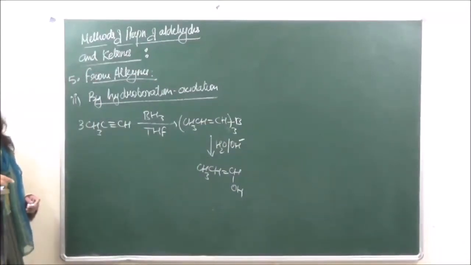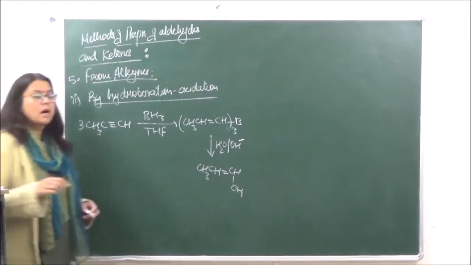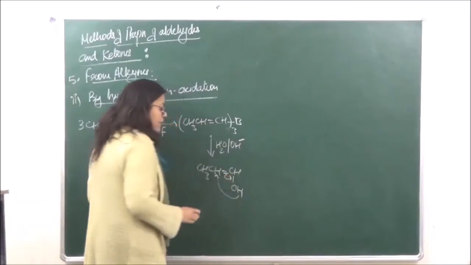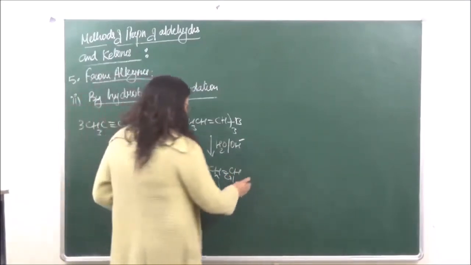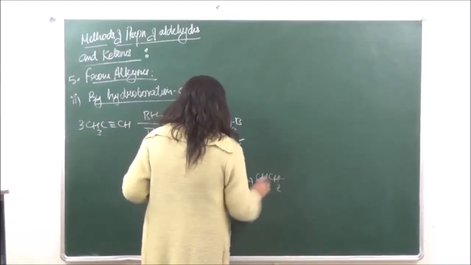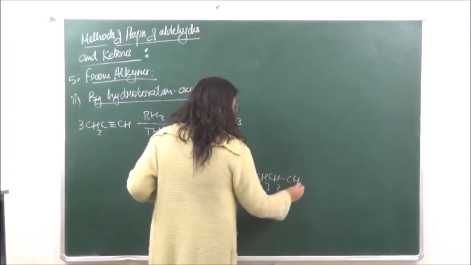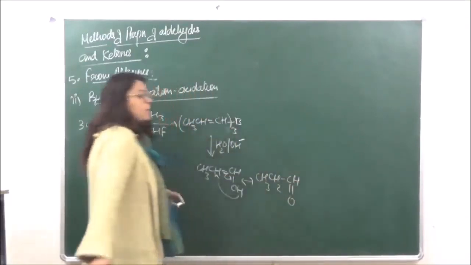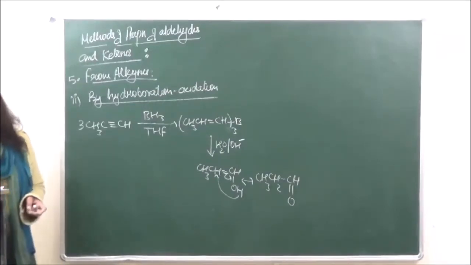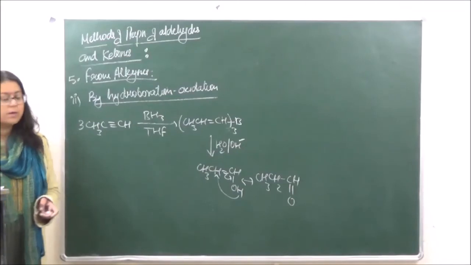Okay, now over here this can be tautomerized to give us an aldehyde. So hydrogen is going to go over here, double bond is going to go over here, such that we have CH3 CH2 CH double bond O. This can be tautomerized to aldehyde. Okay, so it's the same kind of reaction as we had done over there.